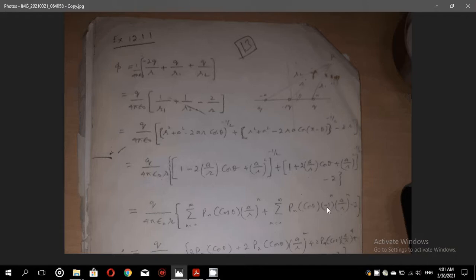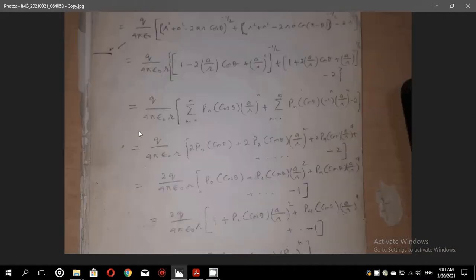So what I have done here is to take 1 over r as common from the terms in the brackets, so we get q over 4 pi epsilon naught r, and so this is the equation.